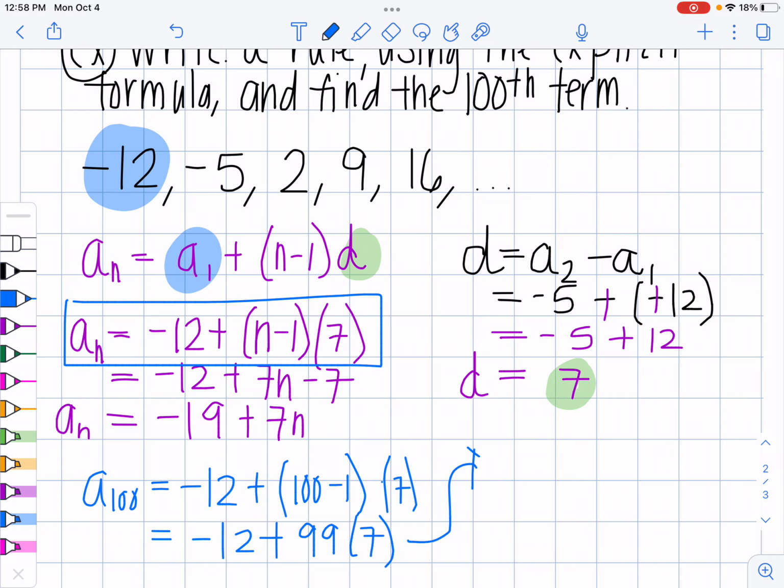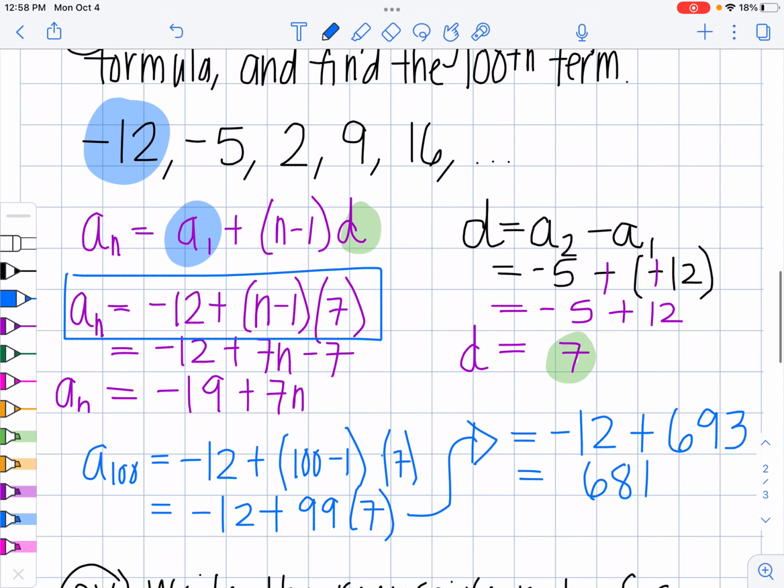Gives me -12 plus 99 times 7. Use my calculator. 99 times 7 is 693 minus 12. Gives me 681.